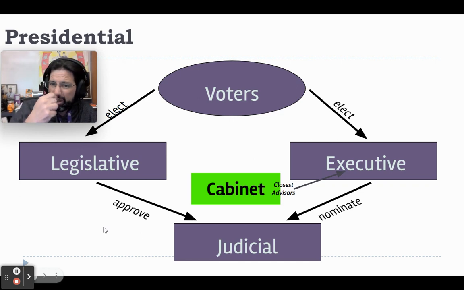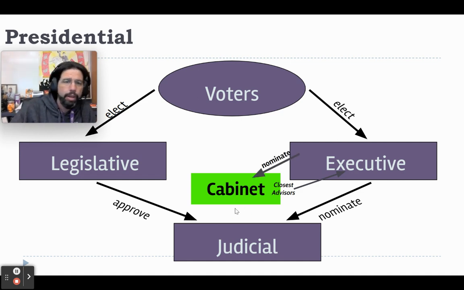Now, there is a cabinet, of course, closest advisors to the president. That cabinet is made up of people that are totally independent of any other branch of government. So the president doesn't have somebody working behind the scenes to possibly take over their job. Cabinet members are not members of, again, any branch of government. They serve at the pleasure of the president, and they, of course, lead the different executive functions that enforce laws that are being passed.